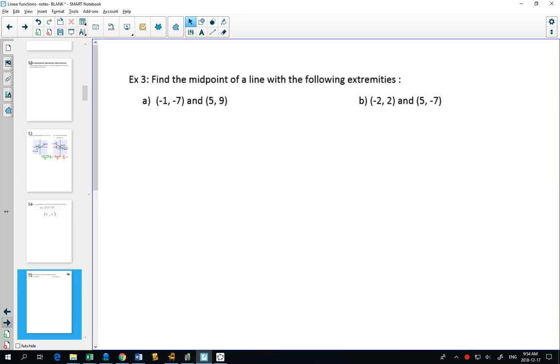So again, just like a distance formula, when you're going to find a midpoint, you look at your first point and say, oh, this is x1 and y1. This is my second point, so I'll label above it x2 and y2. Because the easiest mistake when using a formula is to put the wrong number in the wrong place. So if you label above them, then you can find my midpoint.